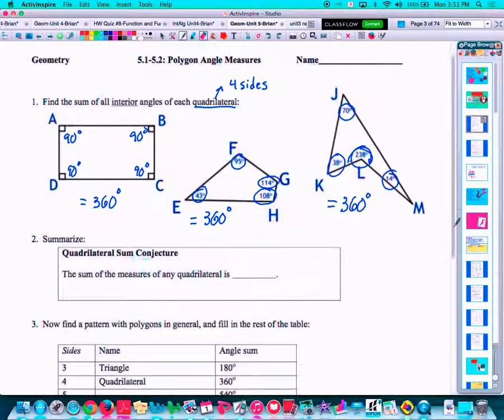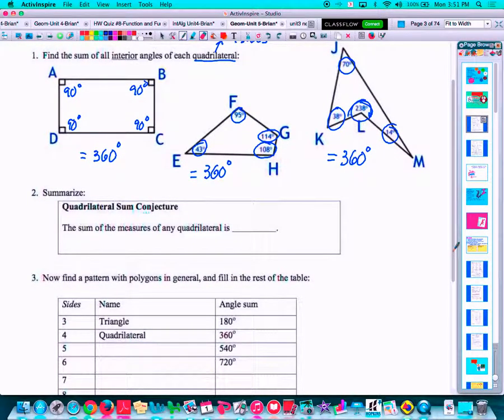Summarizing this, all quadrilaterals have a total angle sum of 360 degrees. Usually we're referring to convex quadrilaterals, but in concave quadrilaterals, we basically have that same idea hold true.